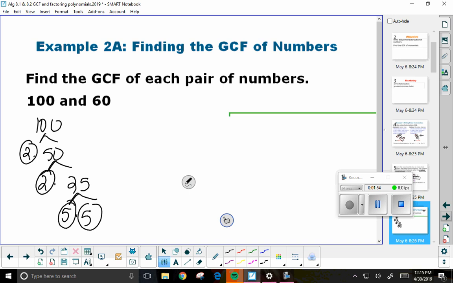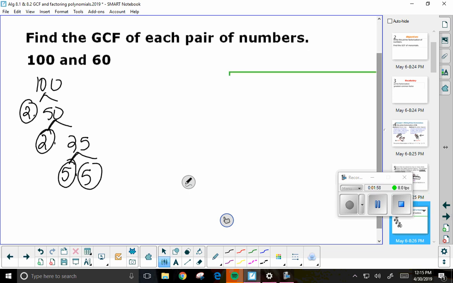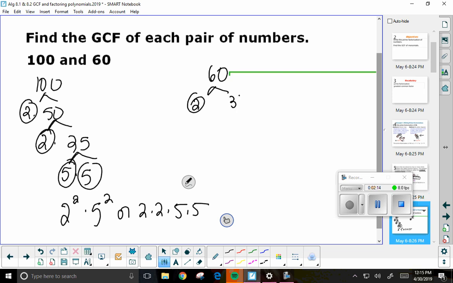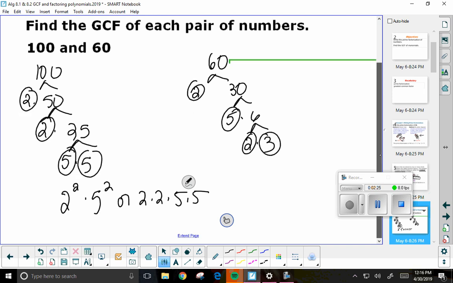So our prime factorization is, let's get this down, 2 squared times 5 squared, or 2 times 2 times 5 times 5. Now to do the number 60, we would say, okay, that could be 2 times 30. 2 is a prime number. 30 needs to keep going. 5 times 6. 5 is prime. 6 is 2 times 3, and both of those are prime.